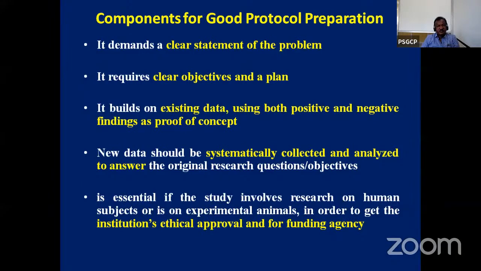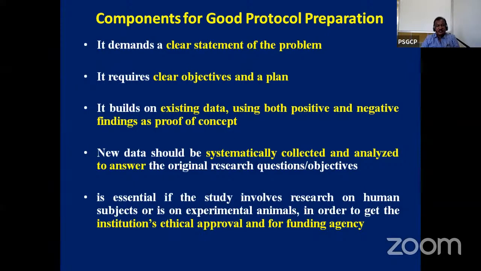So that's the story. To conclude today's topic, a proposal demands a clear statement of the problem. That is what we need to address: choose a problem, then you can get a solution for it or manage it, bring some solutions, and write a proposal.